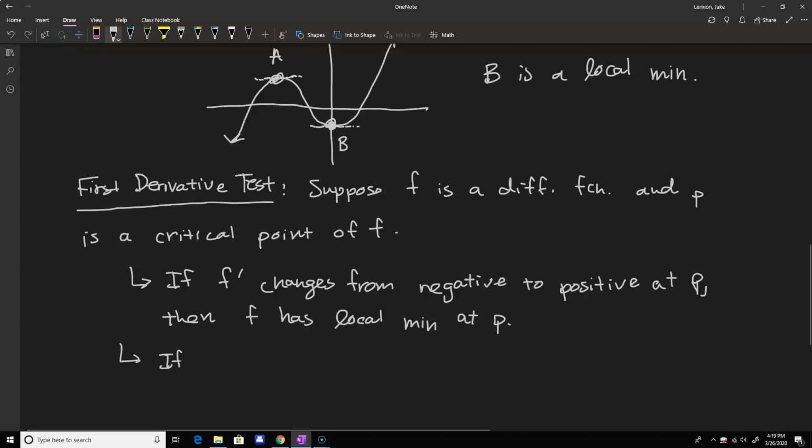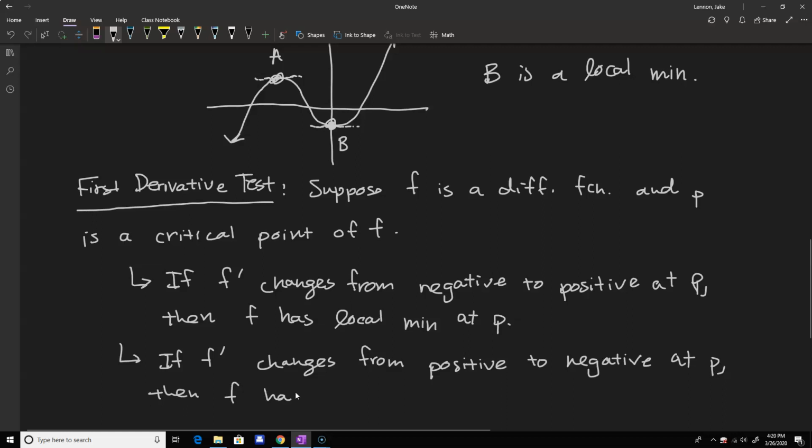And then we can say if f prime changes from positive to negative at p, then f has a local max at p.